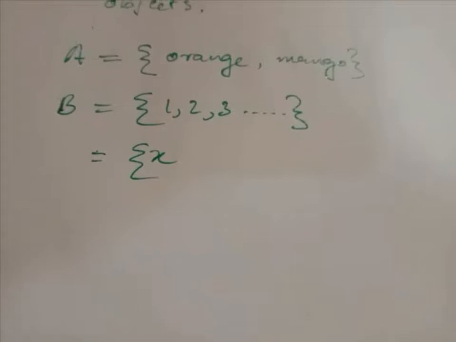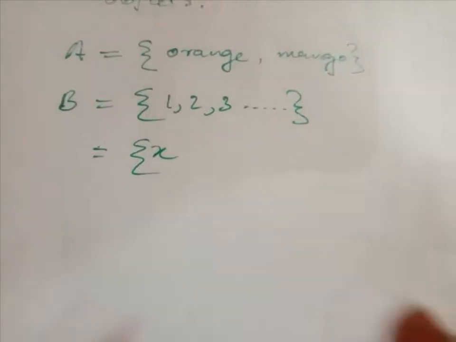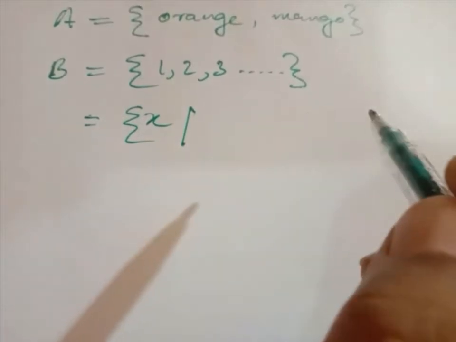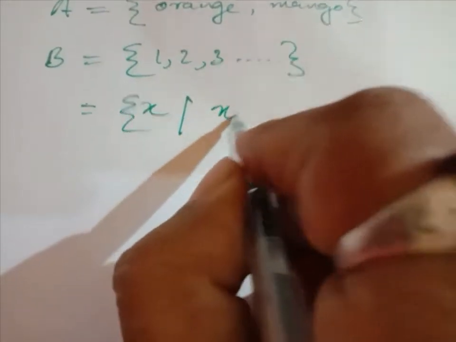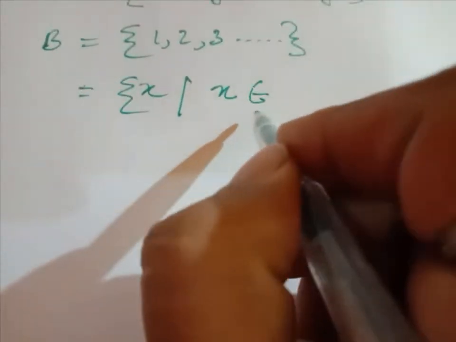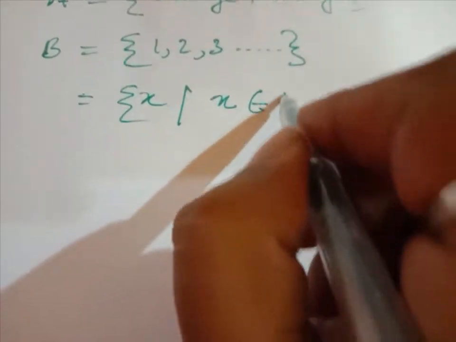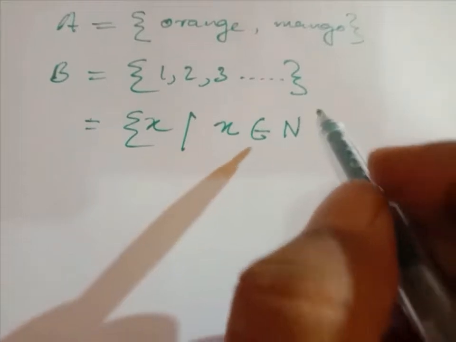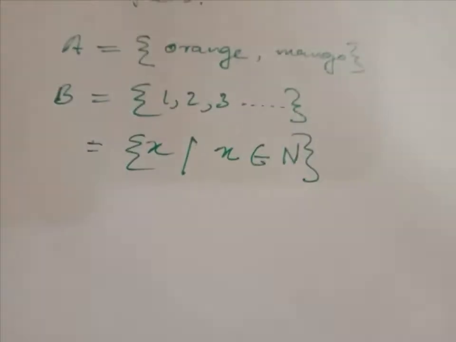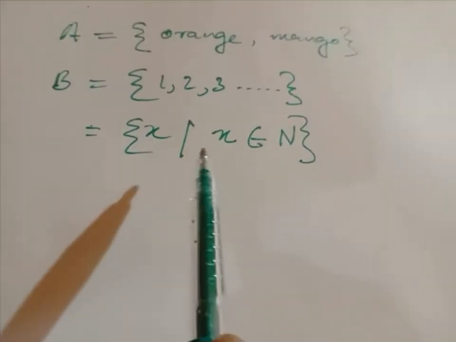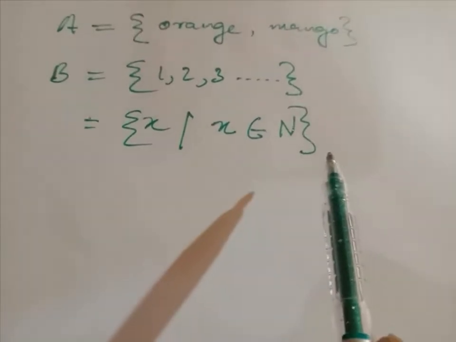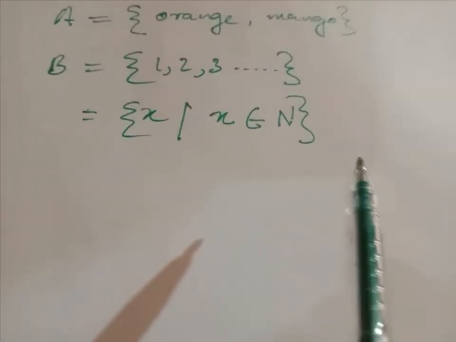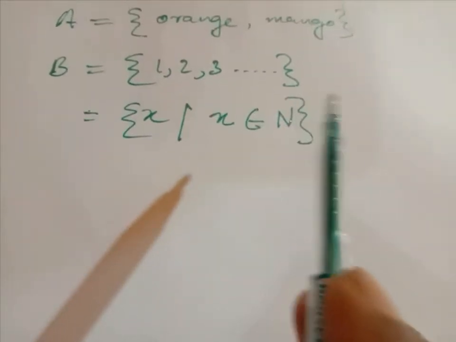X is an element of set B such that, this symbol is called such that, X belongs to, this is the belongs to symbol, capital N. Capital N is the set of natural numbers. So X such that X belongs to natural numbers. So set B will be the set of all the natural numbers, that is 1, 2, 3, 4, 5, 6 and so on.